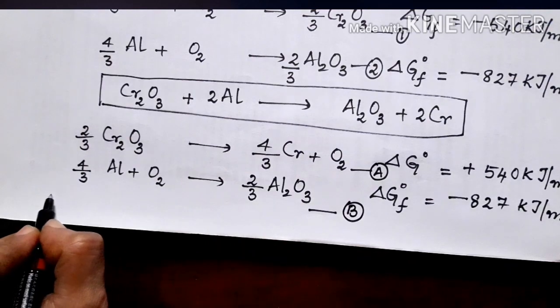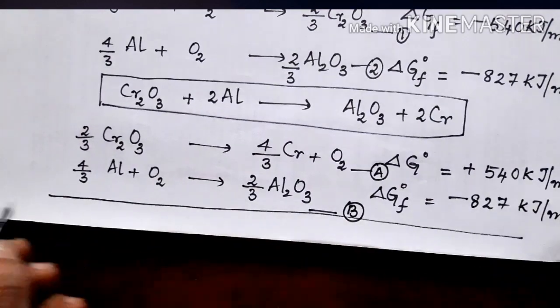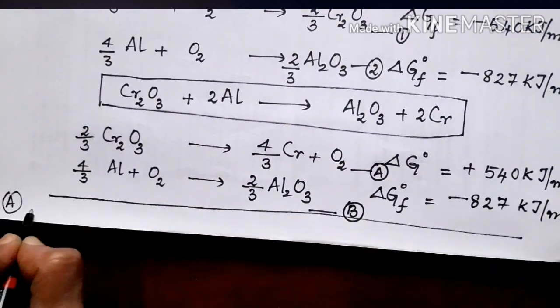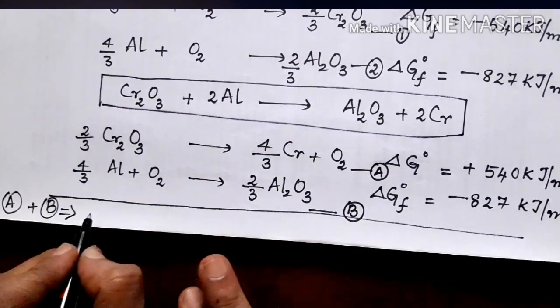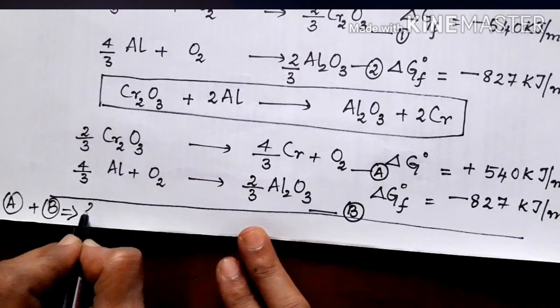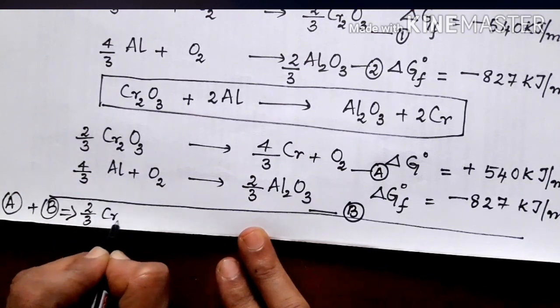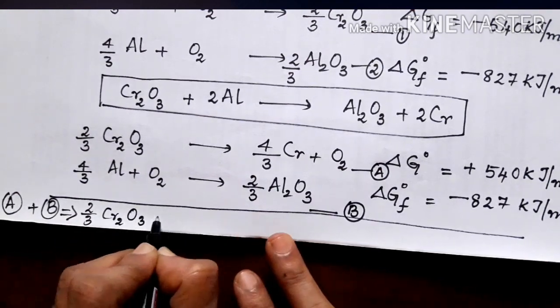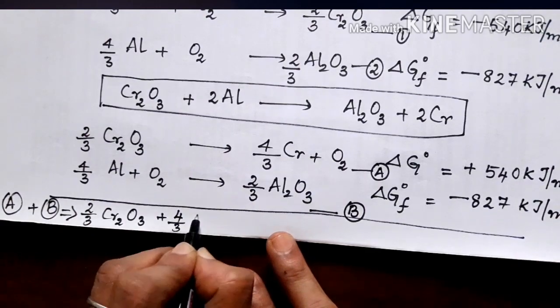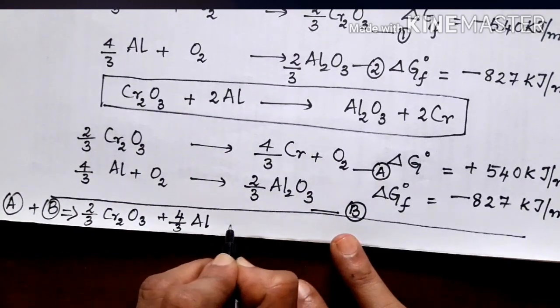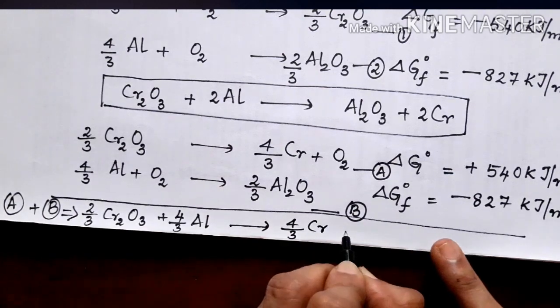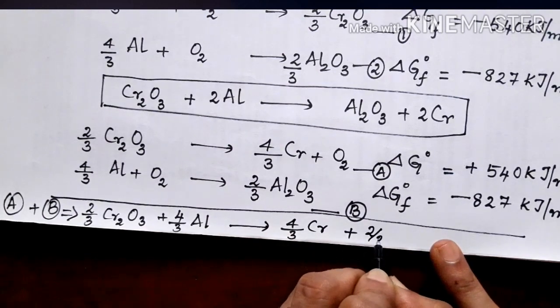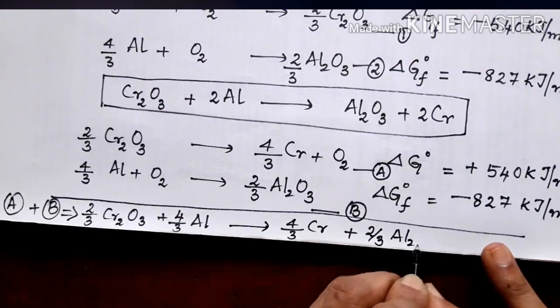Now how to get the final equation? You have to add A and B together. So what is the final equation? You have 2 by 3 Cr2O3 plus 4 by 3 Al giving 4 by 3 Cr plus 2 by 3 Al2O3.